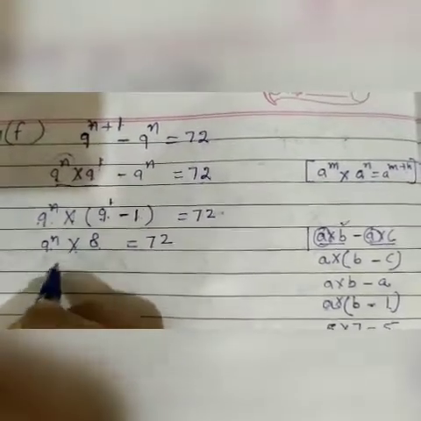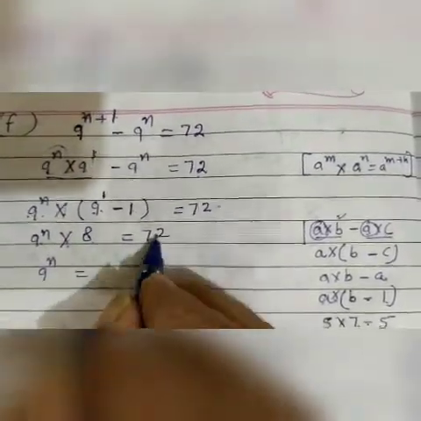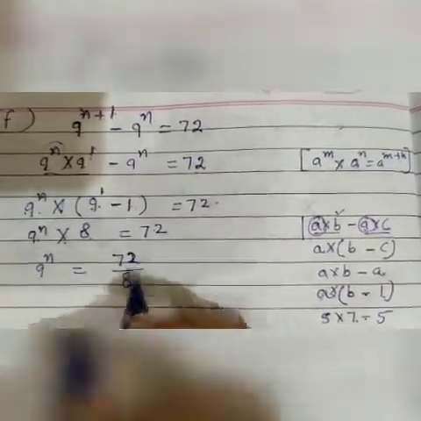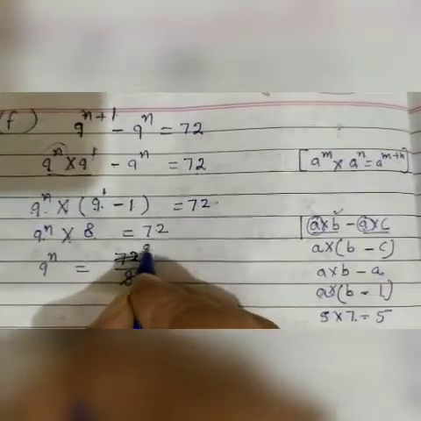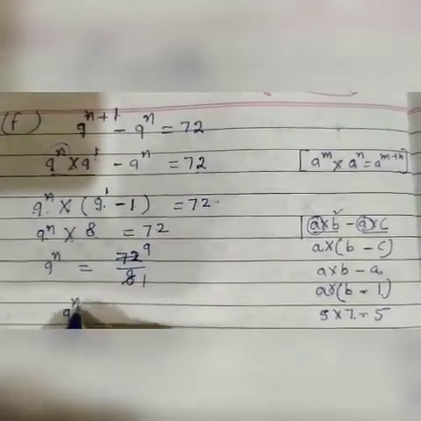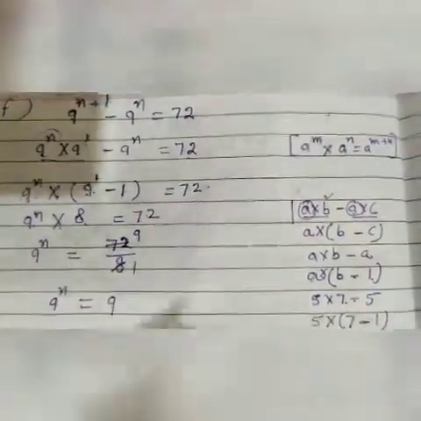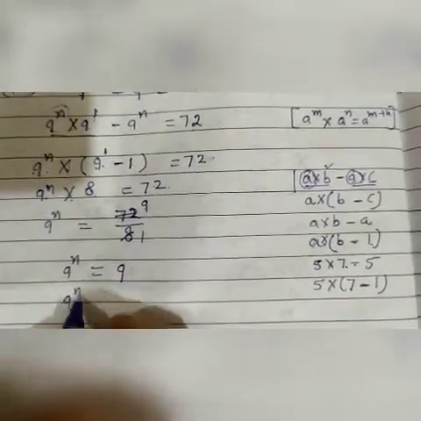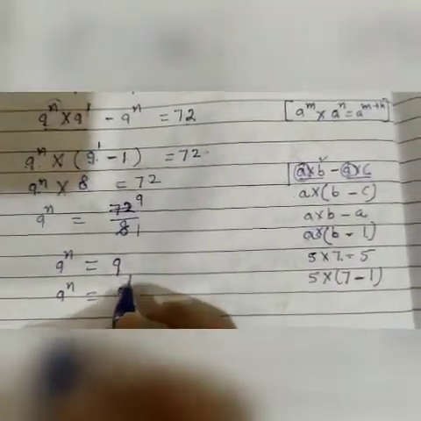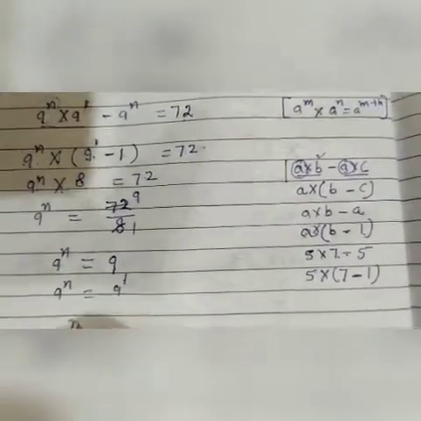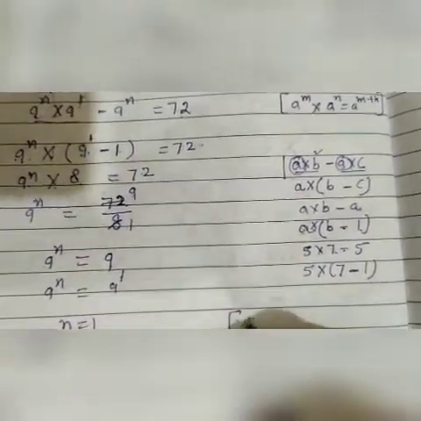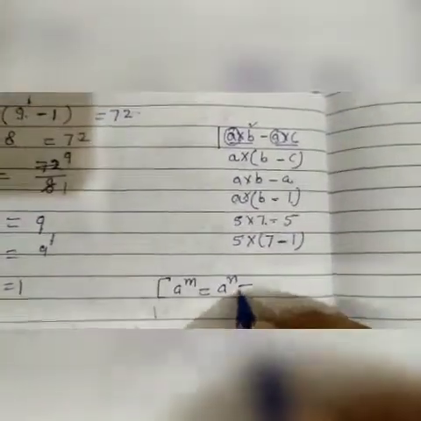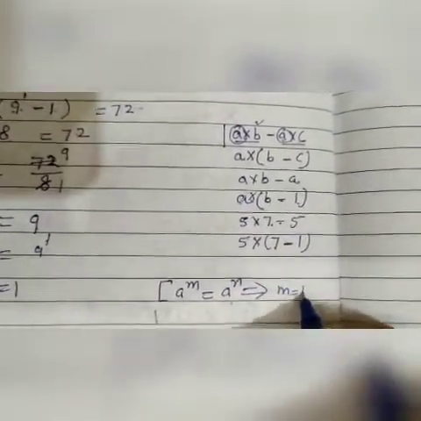So 9 power n is equal to 72 upon 8. 8 ones are 8, 8 nines are 72. It means 9 power n is equal to 9, which means 9 power 1. So n is equal to 1. Again, a power m is equal to a power n gives m is equal to n.